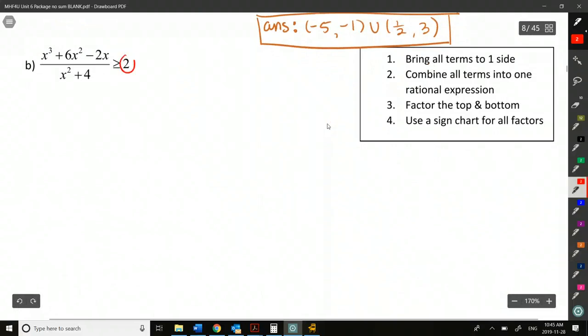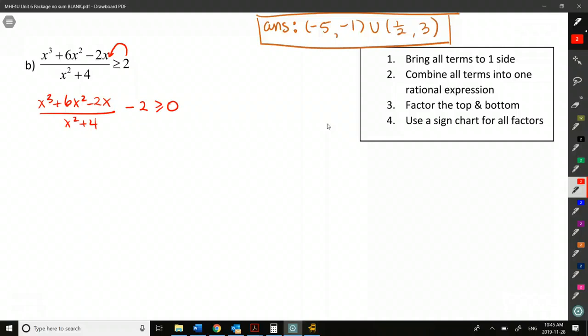All right, so like I said, when we have a value over here, we still need it equal to 0 on one side, but I can't do the cross multiplication thing that I do when I actually have something equals something. So what we have to do is move this term over. And similar to when we have an equal sign, when I move that +2 over to the other side of the inequality, it's going to become -2.